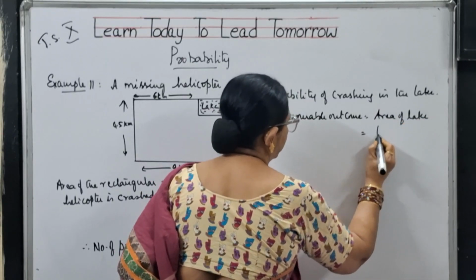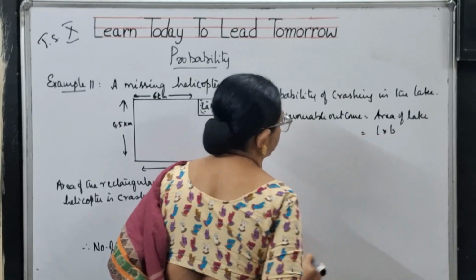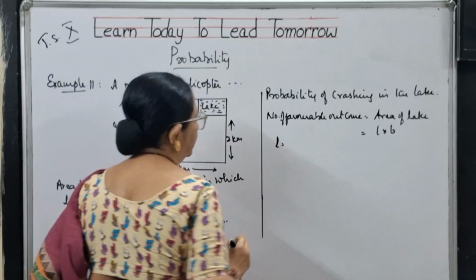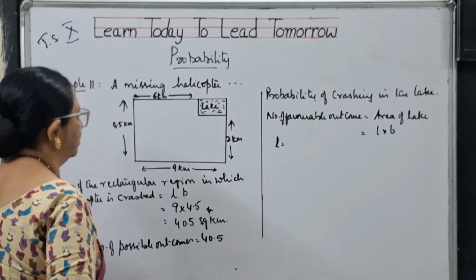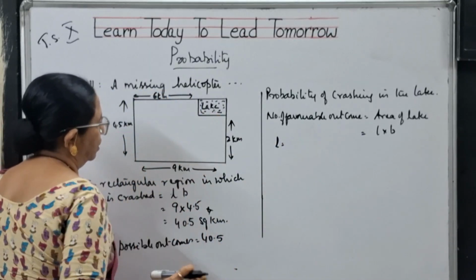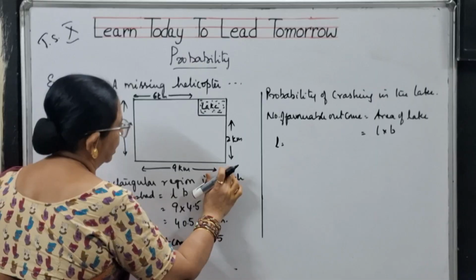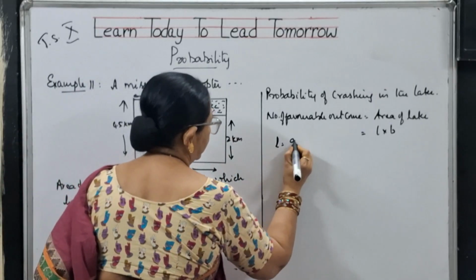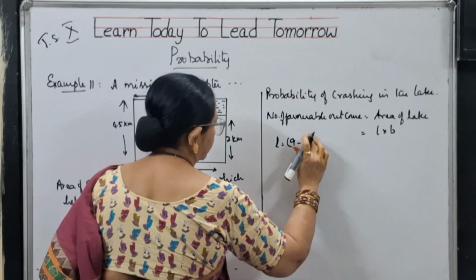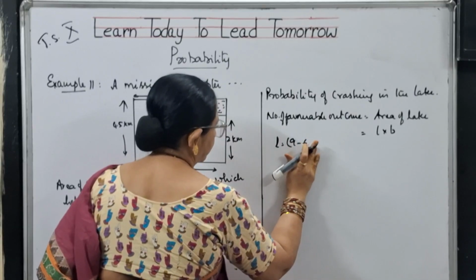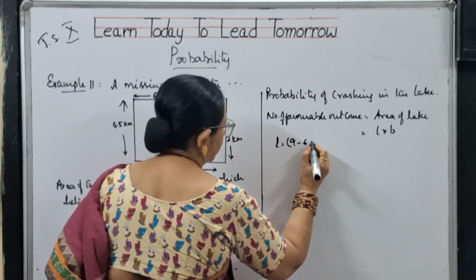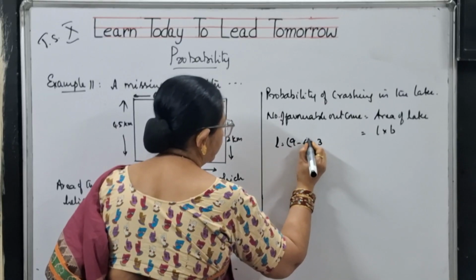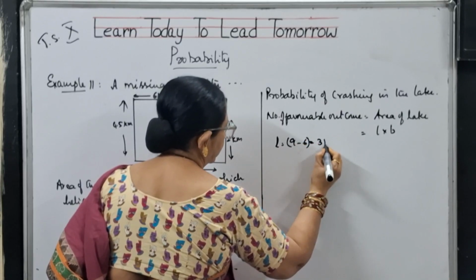The area of the lake is also in the form of a rectangle, L into B. So the length of this lake is nothing but, from the total 9, if you subtract 6, you get 9 minus 6, that is 3 kilometers.